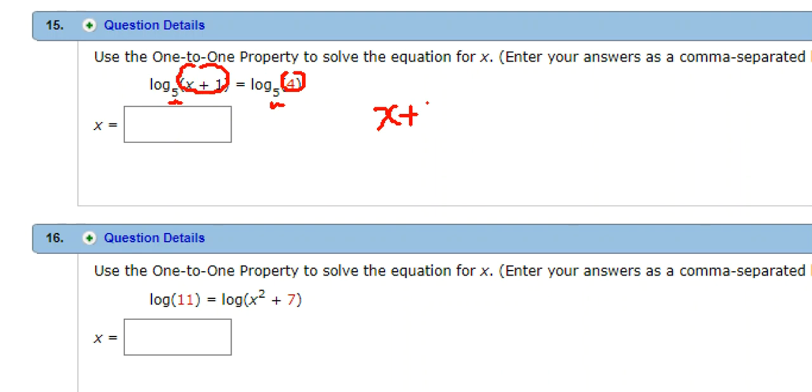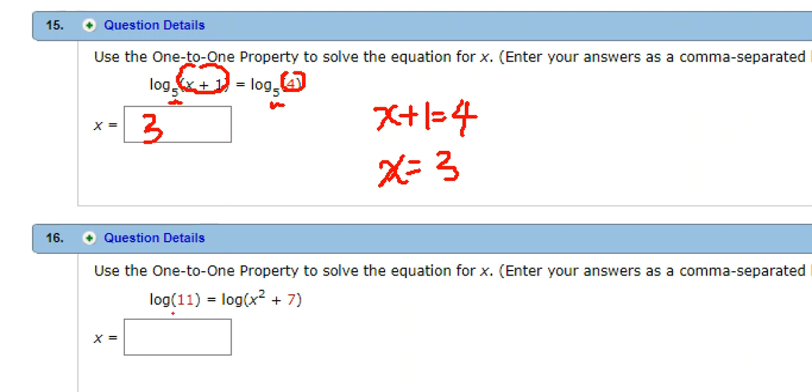When you solve this, subtract 1 from both sides, x is equal to 3. And then you should check your answer. So plug 3 back into your function. On the left side, you have log with base 5 of 3 plus 1, which is 4. So that is the same as the right-hand side. So you know you're right.